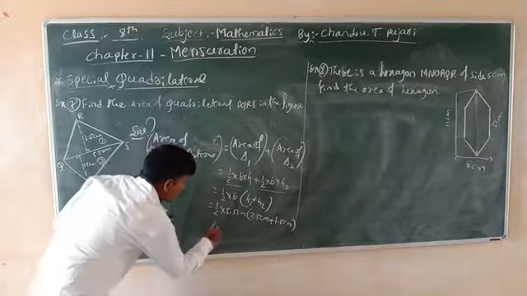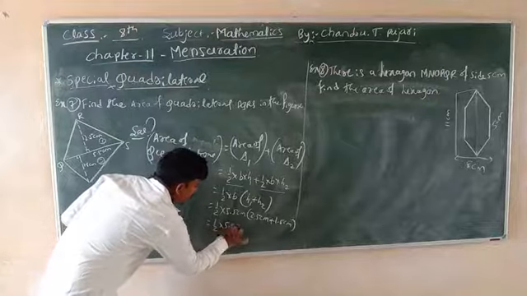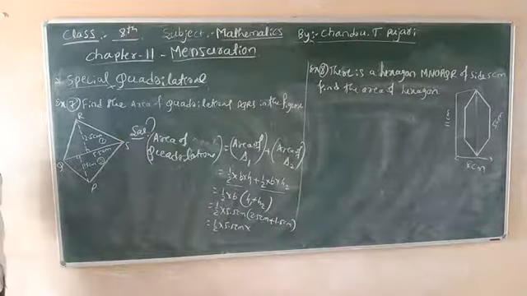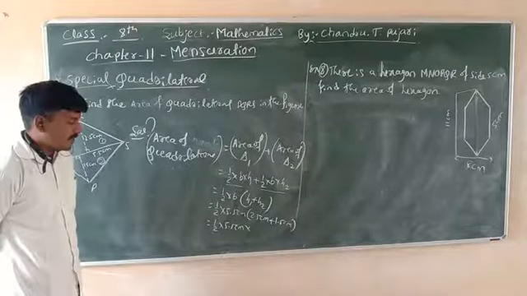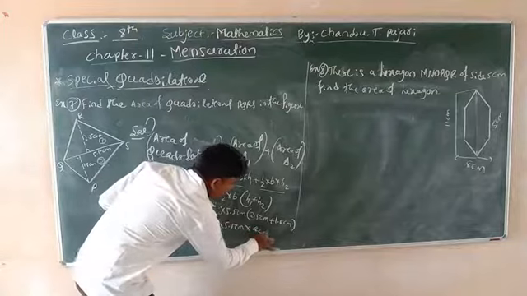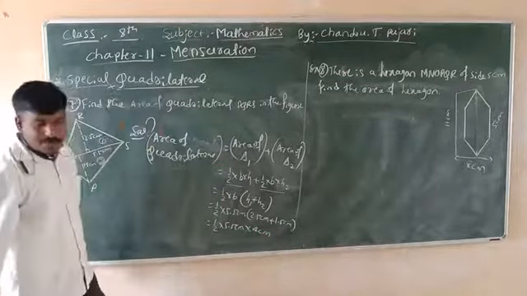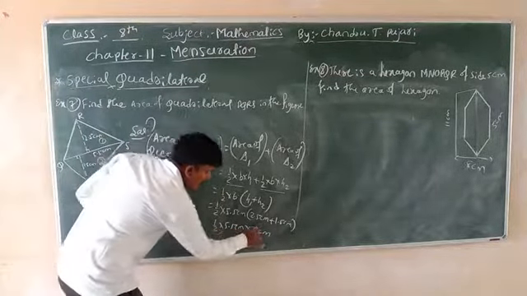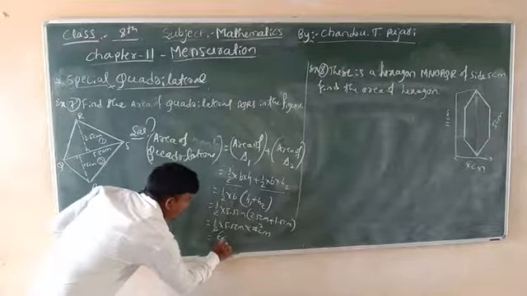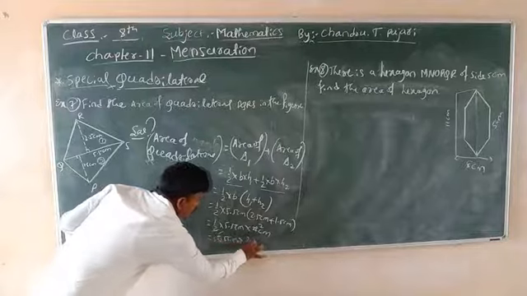Next, 1 by 2 into 5.5 centimeter into 2.5 plus 1.5, which is 4 centimeter. Again, simplification: 2 ones are 2, 2 twos are 4. Therefore, 5.5 centimeter into 2 centimeter.